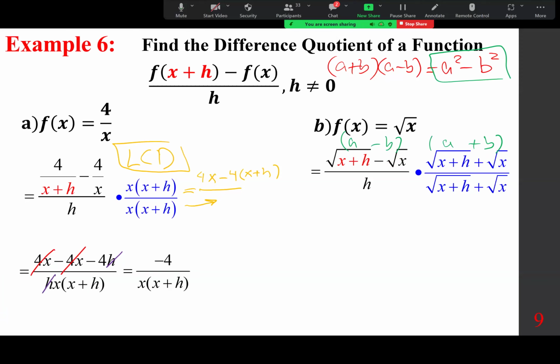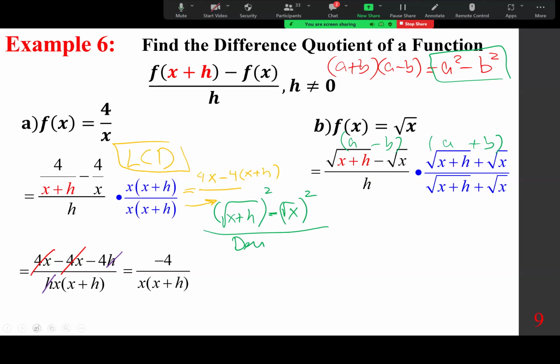When you square this, I'm looking at the numerator: square root of x plus h, squared, minus square root of x, quantity squared, over the denominator.